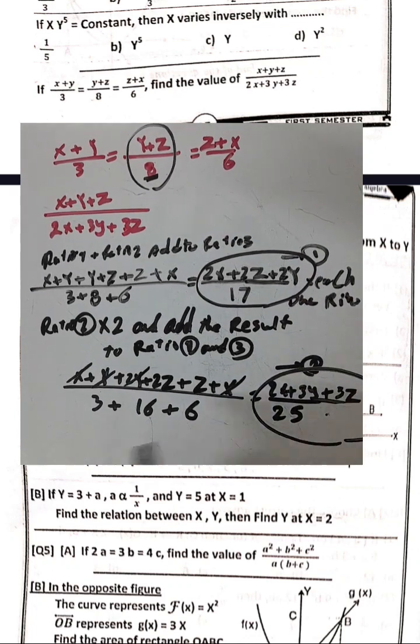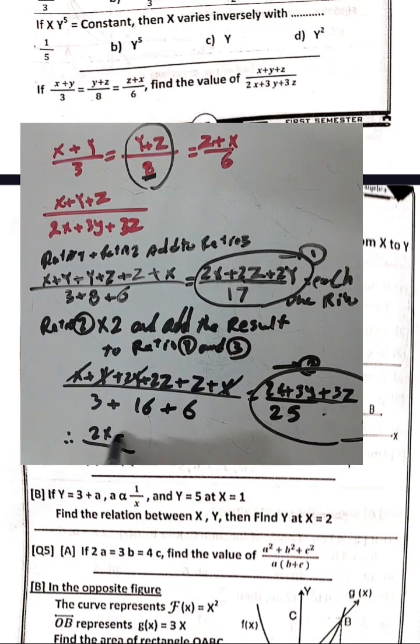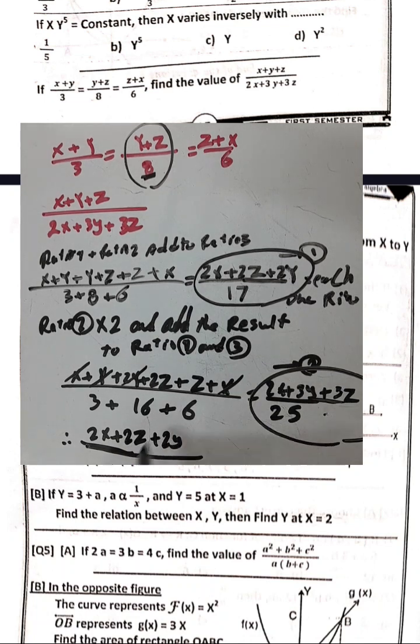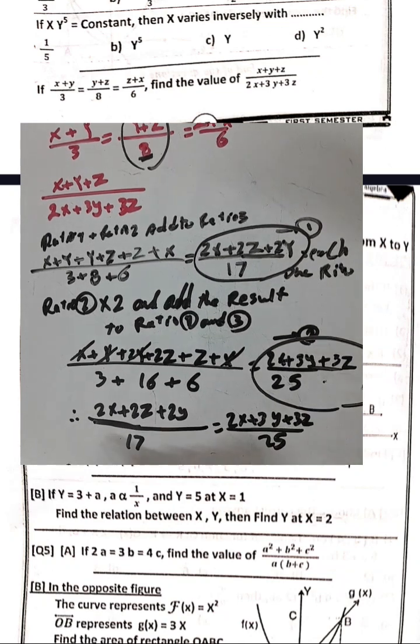Then you can write the first ratio, 2x plus 2z plus 2y over 17, equals 2x plus 3y plus 3z over 25.